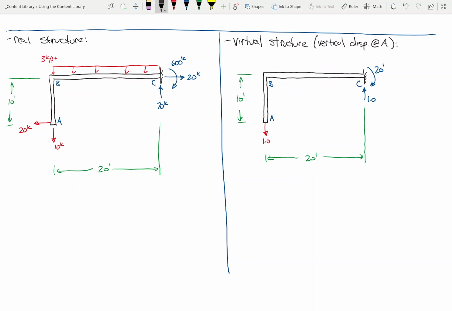All right. So we need to do a real analysis and a virtual analysis. Let's take stock of where we're at, and of the rules and the tips and tricks that we talked about over the past couple of lectures.